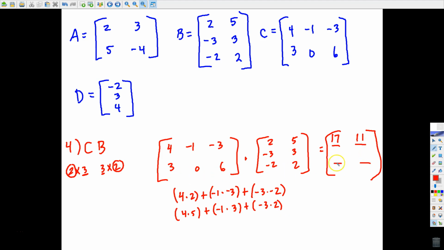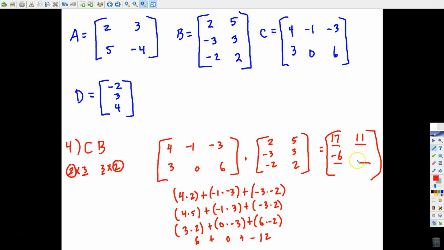All right, now we'll work on the bottom row. This is row 2, column 1, so I'll use row 2 times column 1. 3 times 2 plus 0 times -3 plus 6 times -2. That's 6 plus 0 plus negative 12, and that's of course negative 6.